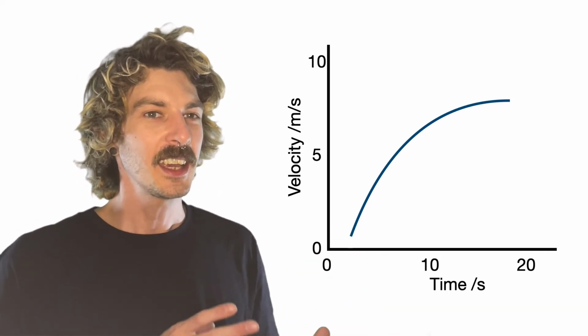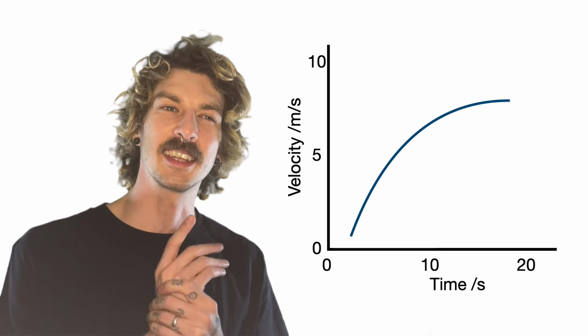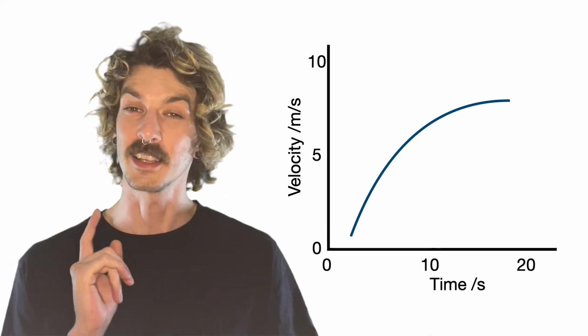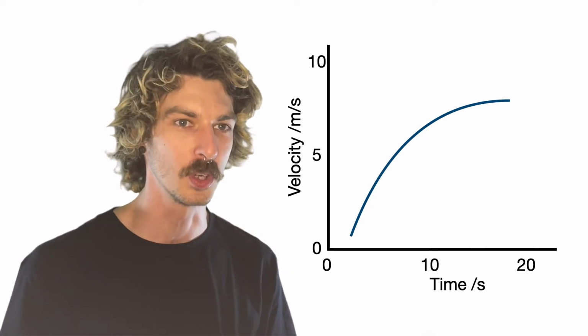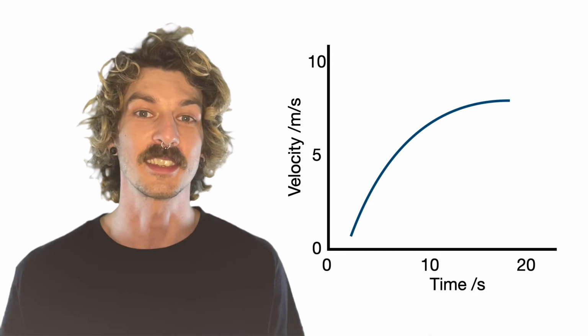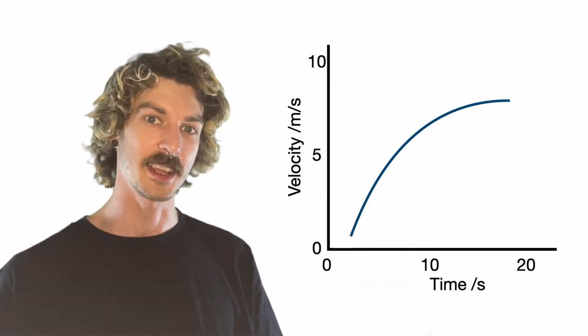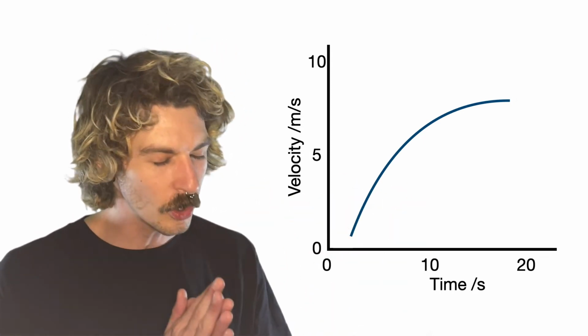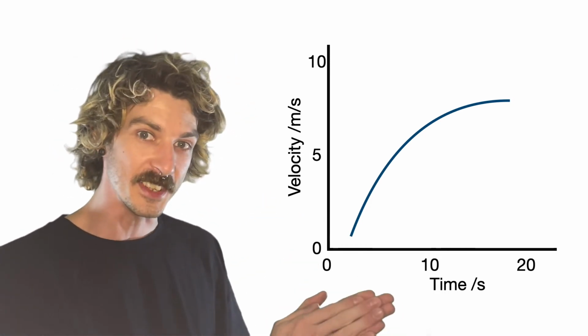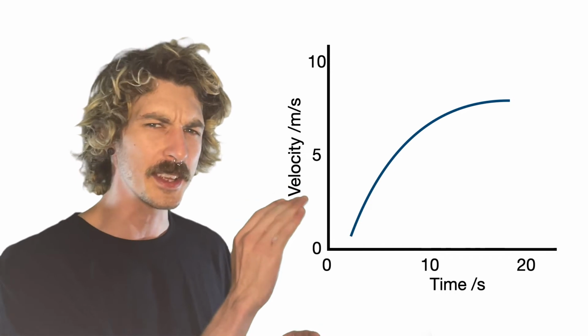So here I can see that the gradient is getting less steep as the time increases. That means that the acceleration is getting smaller. However, one trap that people always fall into is they'll look at a graph like this and say, this object is slowing down, it's decelerating. But that's not true, because if you look, as the time increases, the velocity is always increasing.